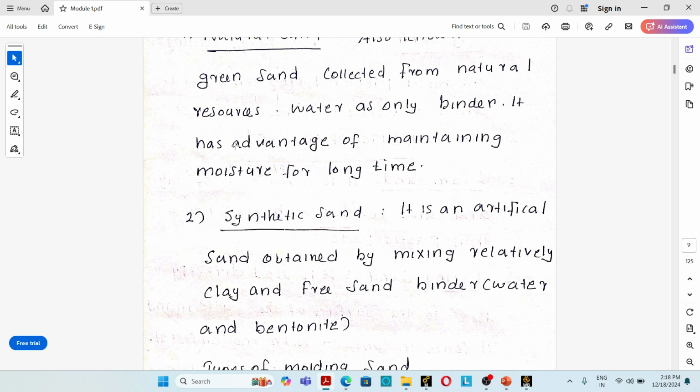So natural sand and synthetic sand are the first basic classification of sand used for the sand mold making process.